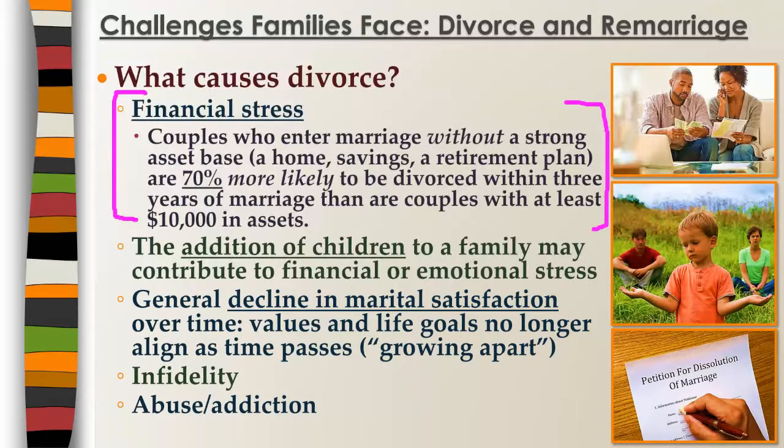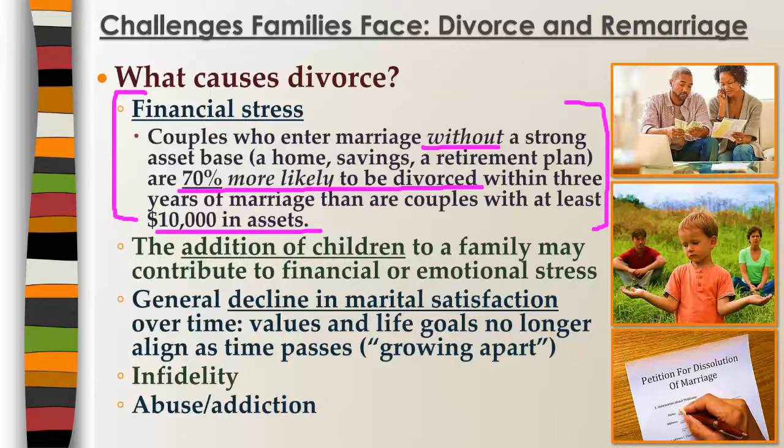Couples who enter marriage without a strong asset base, like a home, a savings account, a retirement plan, are 70% more likely to be divorced within 3 years of marriage than couples with at least $10,000 in assets. So money, unfortunately, is a huge explainer of what keeps some couples together and what drives some apart.